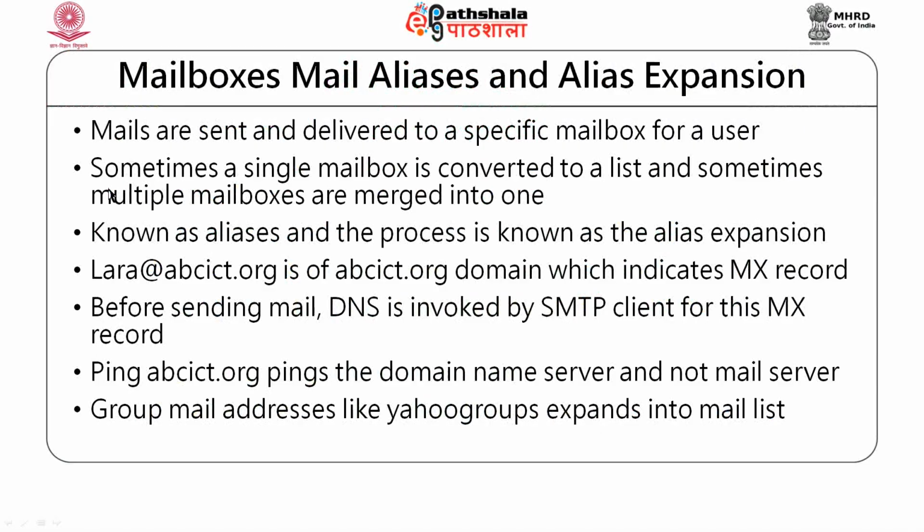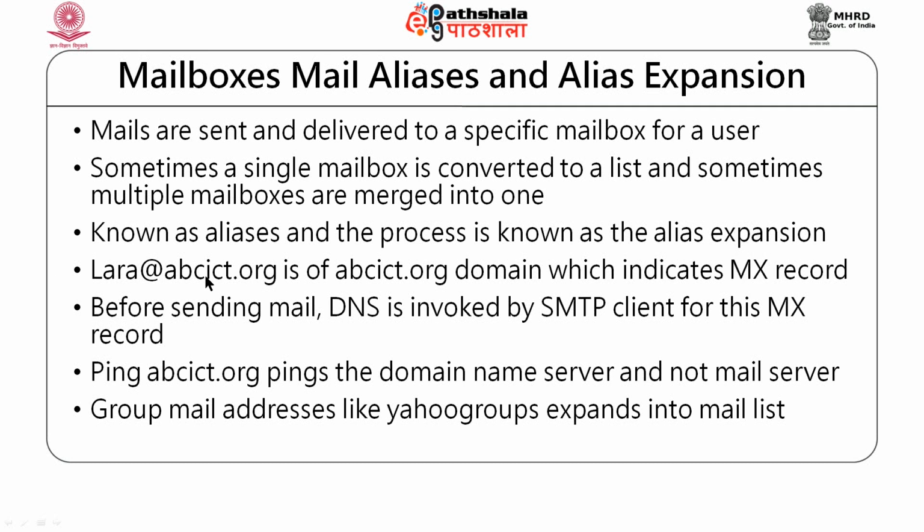Okay. Sometimes a single mailbox is converted to a list, as in the Yahoo group example, and sometimes multiple mailboxes are merged into one. They are known as aliases, and the process is known as alias expansion. Okay. For example, Lara at abcic.org: abcic.org is the domain, which indicates the MX record. Okay.